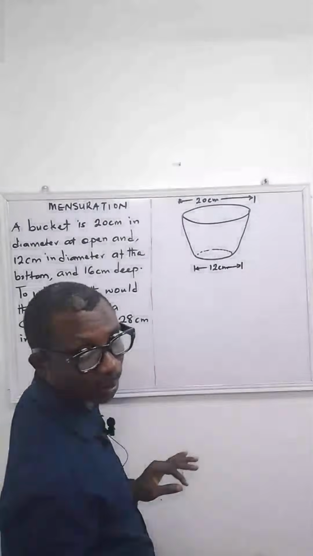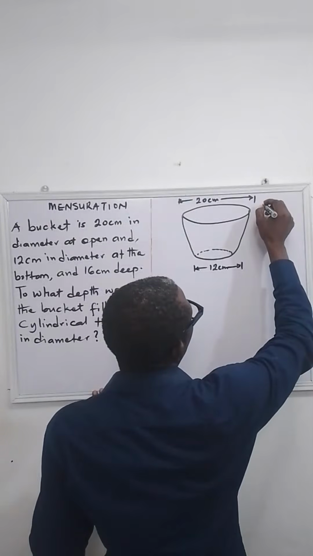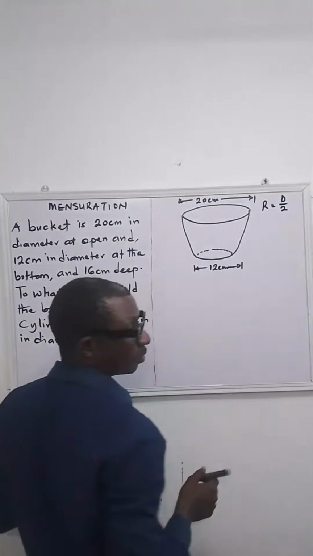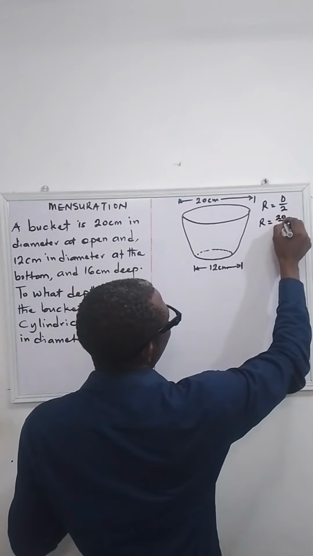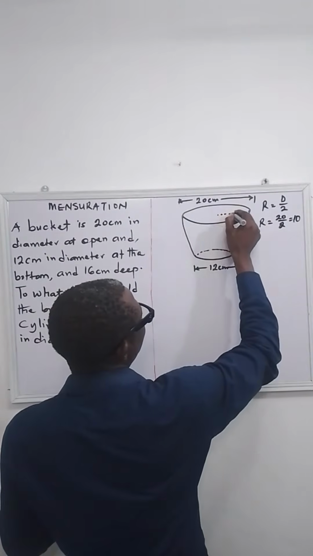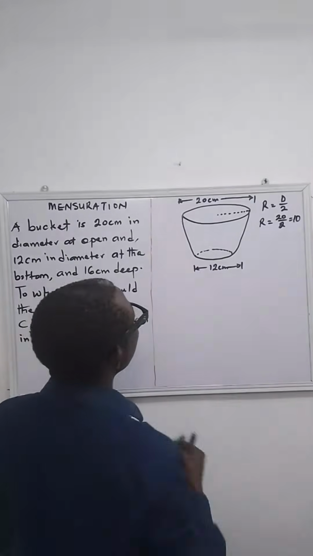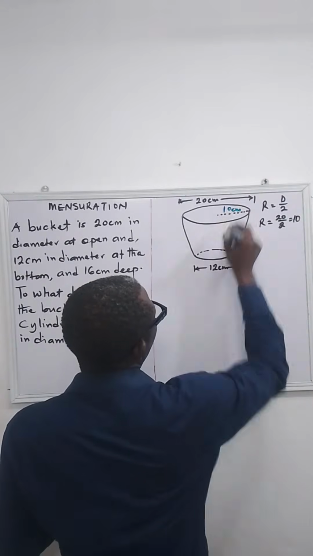So we can determine the radius. We have r equals the diameter over 2. That gives us the radius. So r equals 20 over 2, and that's 10. So the radius here is 10 centimeters.